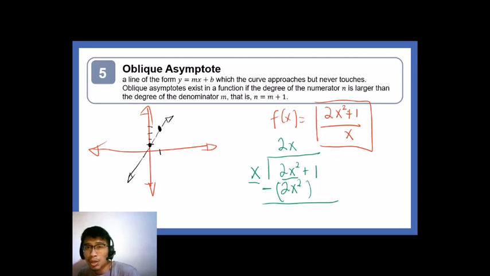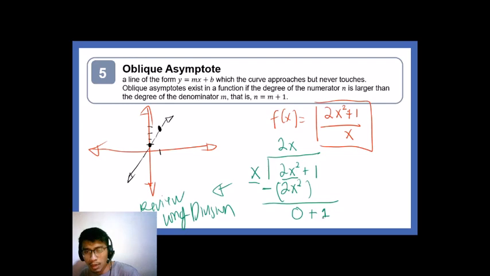You have to review how long division works. So 2x times x is 2x squared. So 2x squared minus 2x squared is 0. So I have to bring down the plus 1.